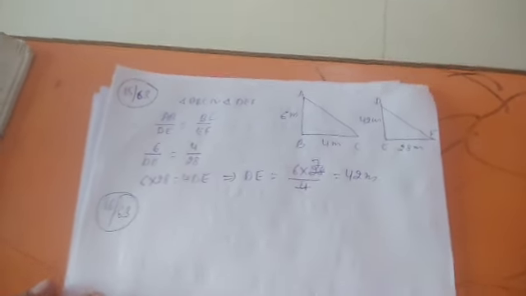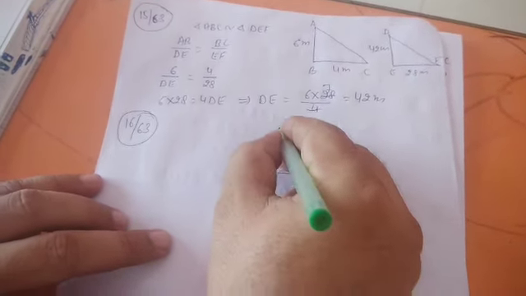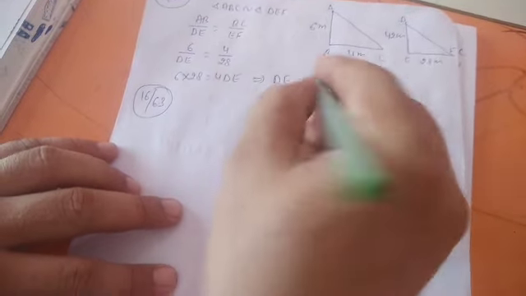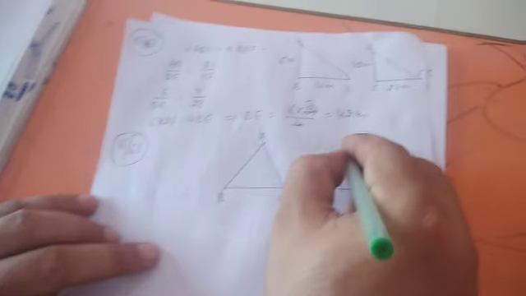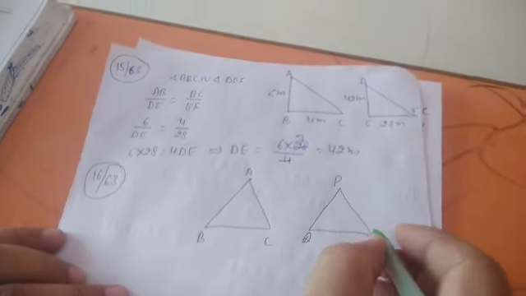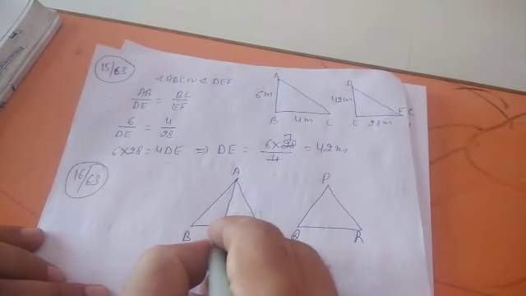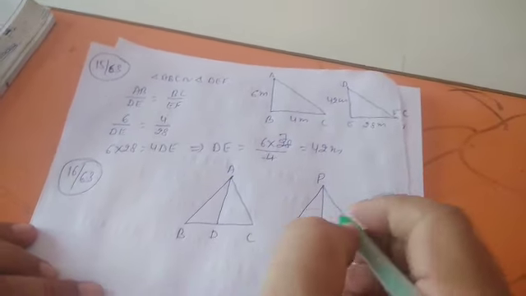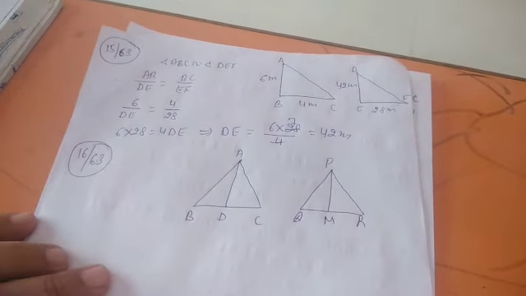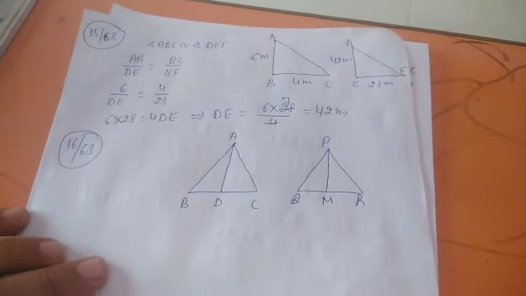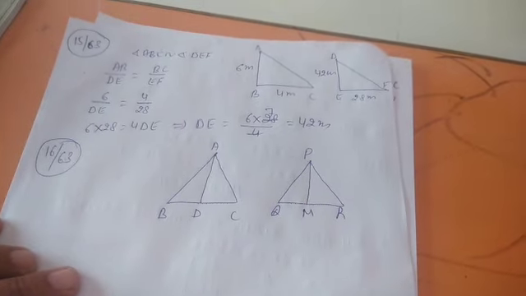Question number 16, exercise 6.3. AD and PM are the medians of two triangles, A, B, C and P, Q, R, such that AD is the median of this. Median, you know, divides the opposite side into two equal parts and divides the triangle also into two equal parts. This is M. Prove that AB by PQ is equal to AD by PM.